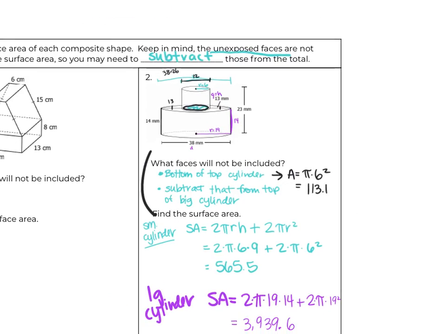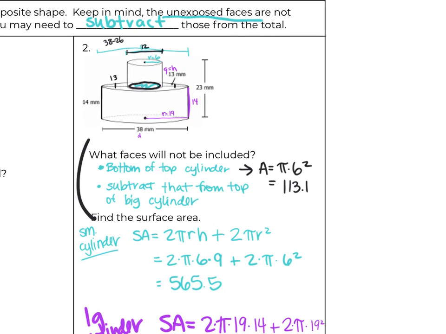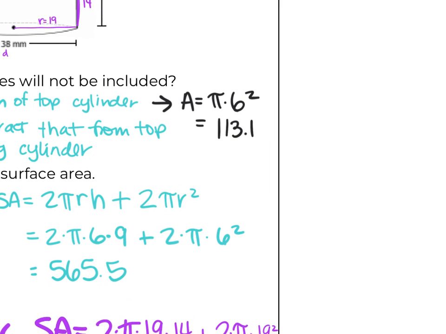How many of those, so watch closely here, it's the hardest part. How many of those do I need to take out of my total? 2 of them, because it's taking out of the small cylinder and out of the big cylinder, okay? So I'm going to read that as a negative. And then one more.